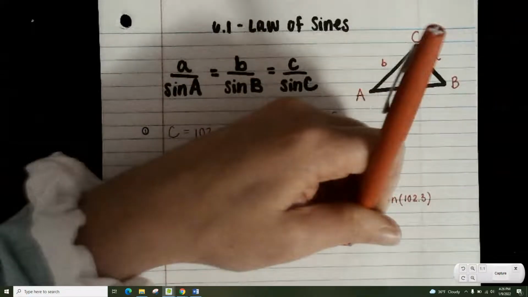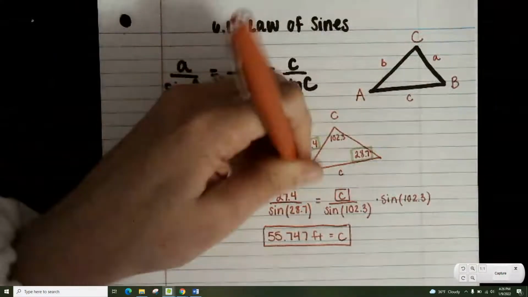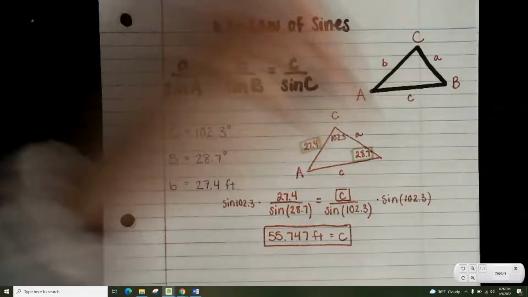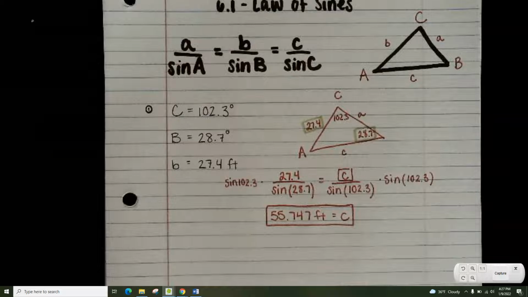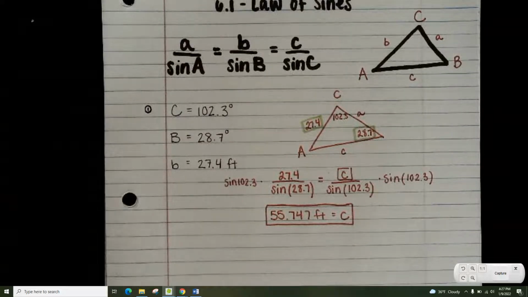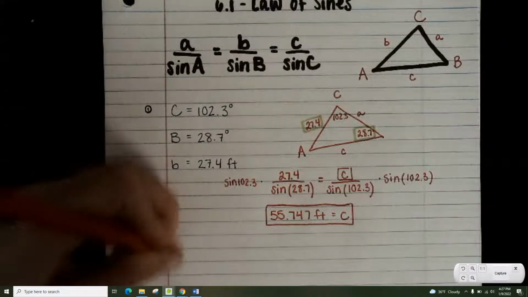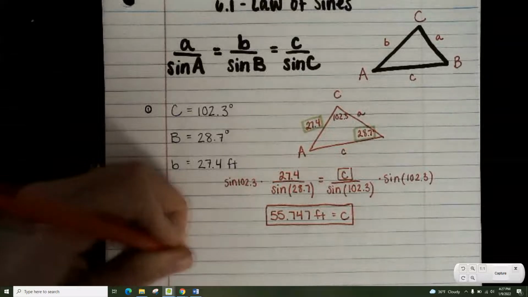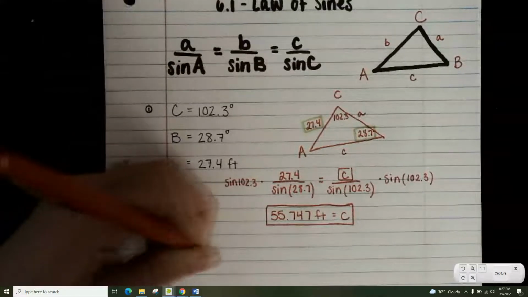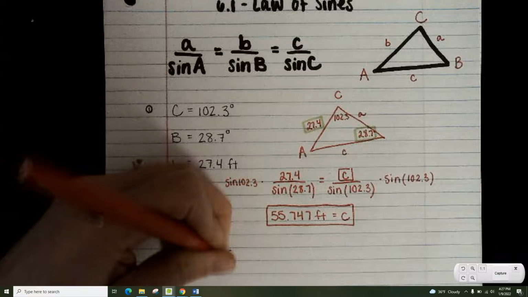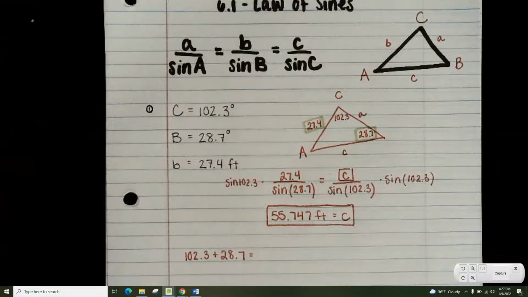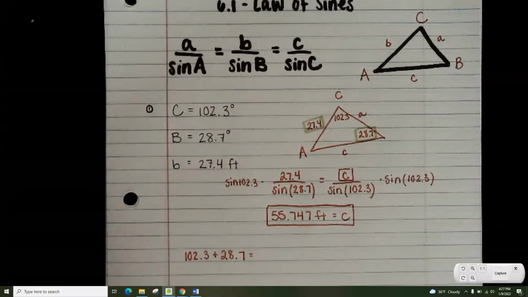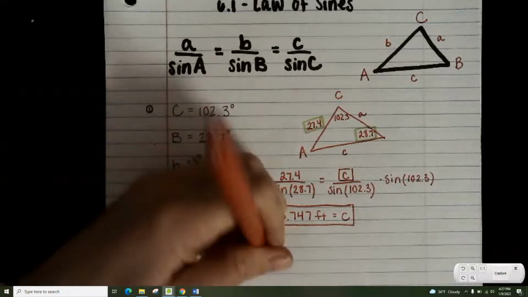So now I am missing angle A and side length a. We've already talked about how I can find angle A quite easily. If I have two angles, 102.3 plus 28.7, I get 131.